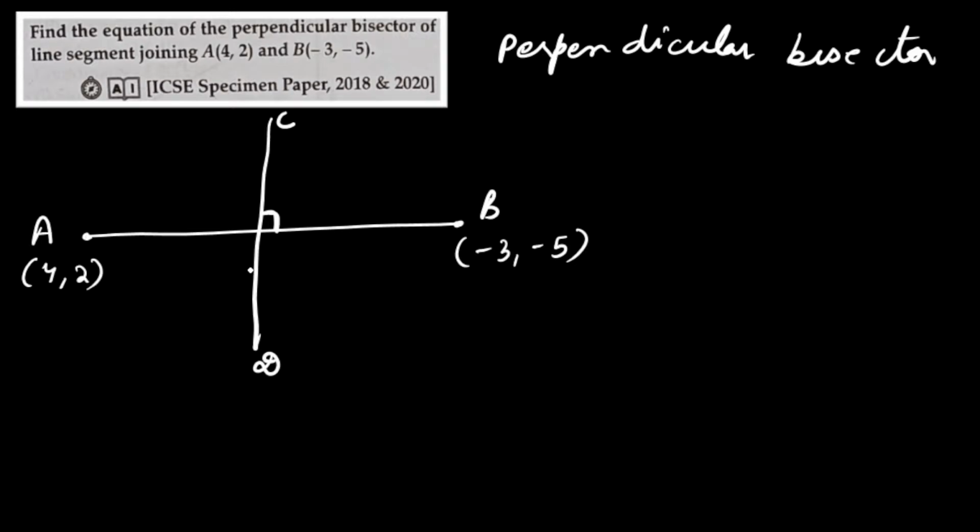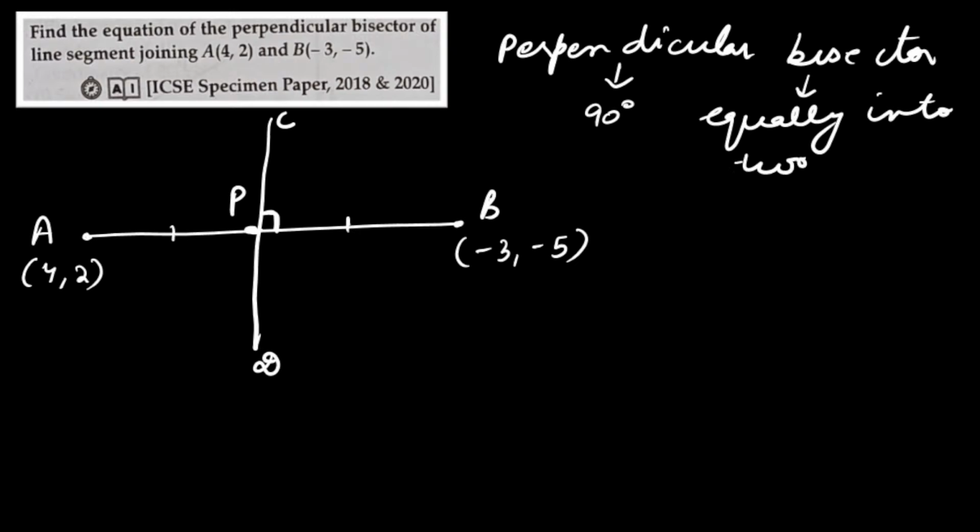It is the bisector also. Bisector means it divides the line segment AB into two equal parts. So here if point P is there, then P is the midpoint of AB. CD, see, perpendicular means making an angle of 90 degrees and bisector means dividing this line equally into two parts.